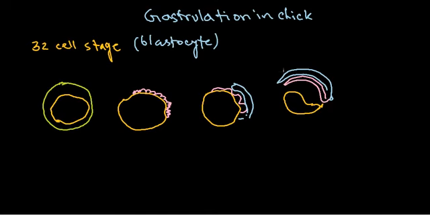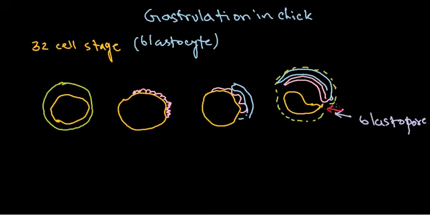What they form soon is a pore outside. This is called the blastopore, right? And the hollow cavity inside is called the blastocele. So the blastopore starts to occur through this pore.